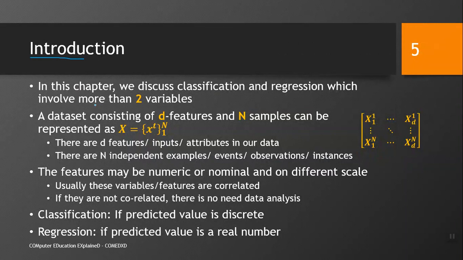Previously we have been working with one variable or two variables. However, now we will be considering a generalized case where more than two variables would be involved in the processing. A data set consisting of d features and n samples can be represented as this, where each x consists of d features.